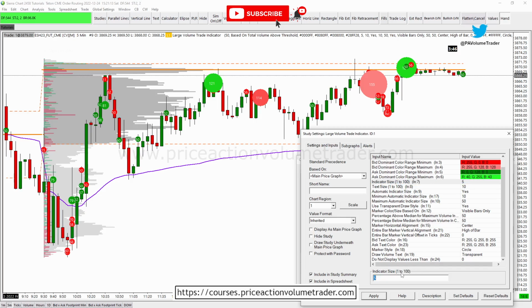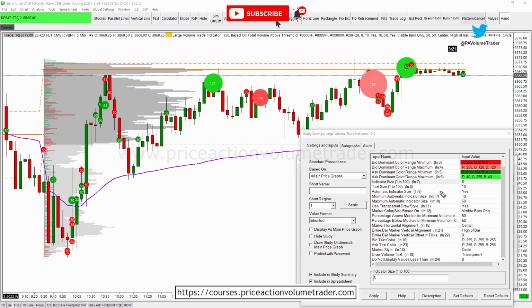And then on indicator size, the larger I make it, it moves the numbers to the right. And so I just want to tinker with this until I see that the numbers are in the middle of the bubbles, which they are right there.